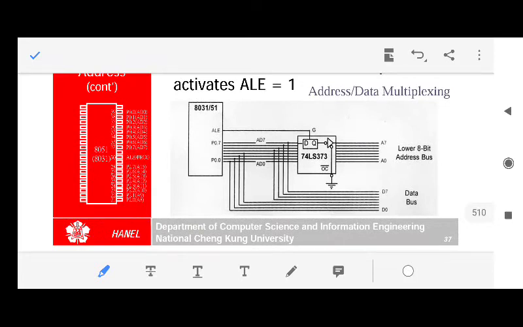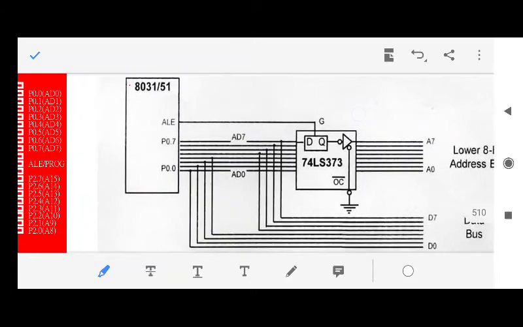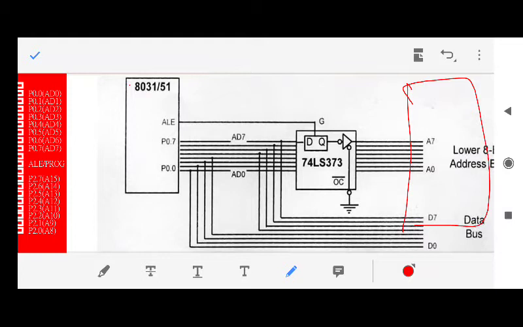When you are connecting the 8051 to the external memory, you are using the address lines, which are port 0 and port 2. Take an example where port 0 address lines are used.